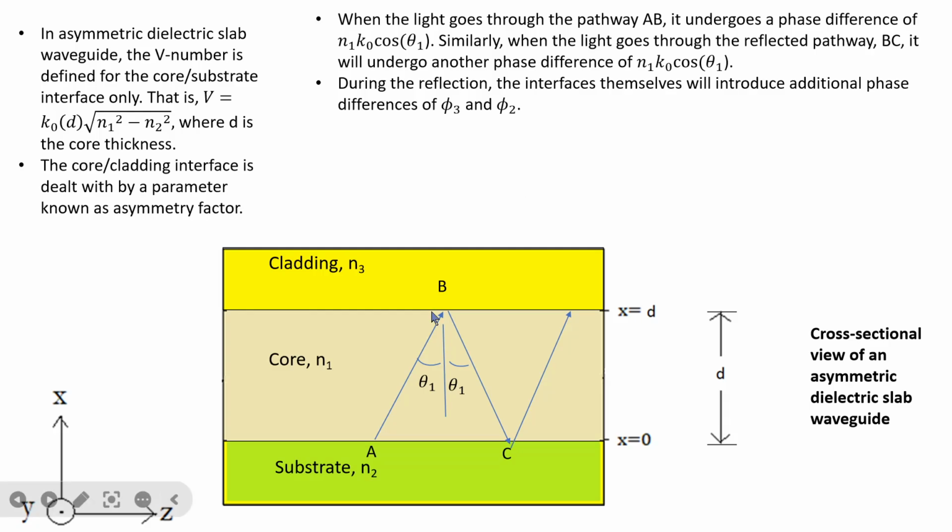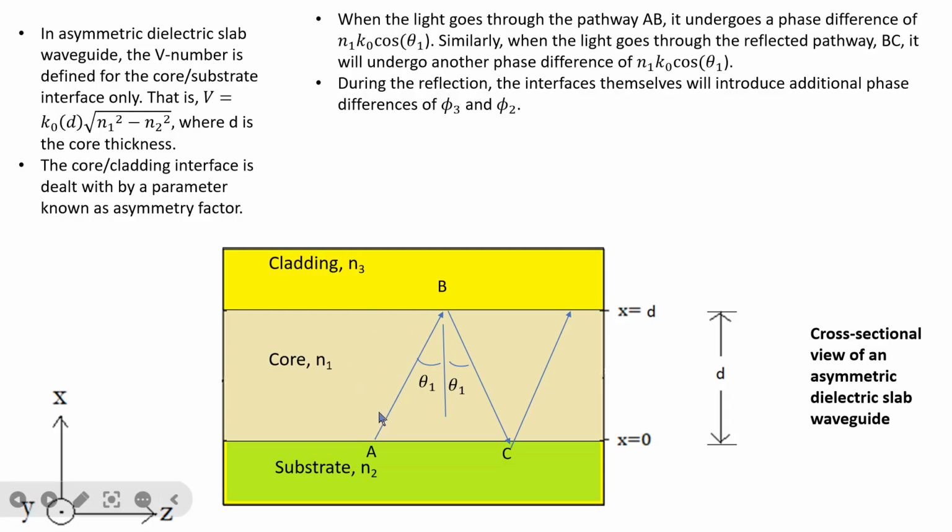During the reflection at point B and during the reflection at point C, there will be a phase shift. The phase shift is assumed to be phi 3 for the upper boundary and phi 2 for the lower boundary. Now let's take a look at the phase shift from A to B. From A to B, the total phase shift involved will be k1 times cosine theta 1.